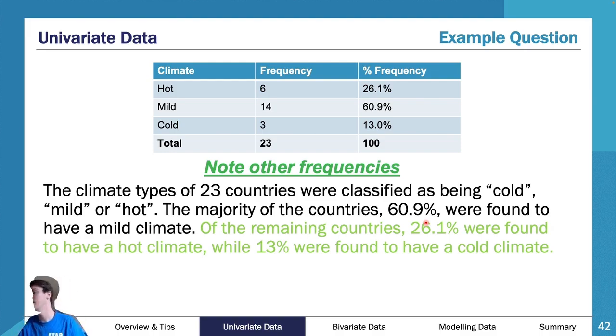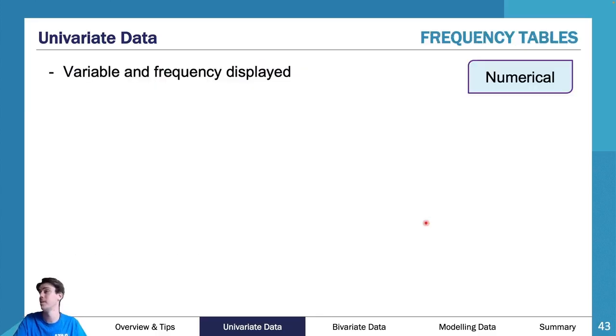You could say the least common climate was cold with 13%, or the next most common climate was hot, sorry, with 26.1%. So you just give what is the next, what is the least, or just something that's interesting. In this case you can comment on all of them because there's not a lot of information, but you don't want to go out there and just write every single thing down on the page.